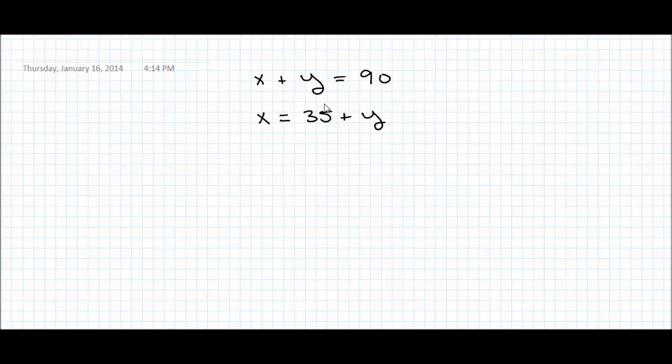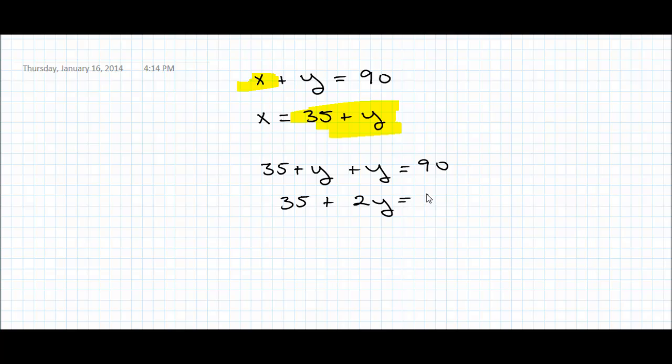Well, it's an easy process of just substitution. So we can rewrite this equation as 35 plus Y, that's their X value, plus Y equals 90. So 35 plus 2Y equals 90. Subtract 35 from each side, so 2Y equals 55. Divide each side by 2, so Y is going to equal 27.5.